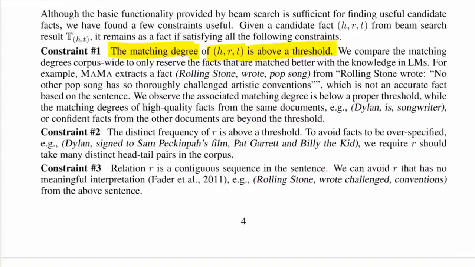They give an example for the sentence, "Rolling Stone wrote, no other pop song has so thoroughly challenged artistic conventions." And the extracted candidate fact is (Rolling Stone, wrote, pop song). Again, you can see it's mostly going into grammar-ish. So spaCy extracts Rolling Stone and pop song, and the language model extracts the only verb in between, "wrote".